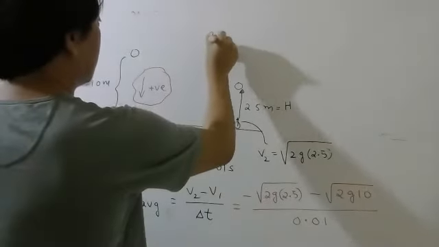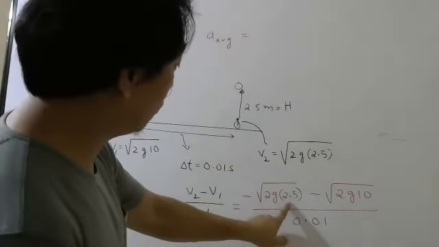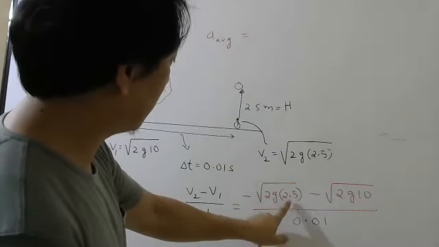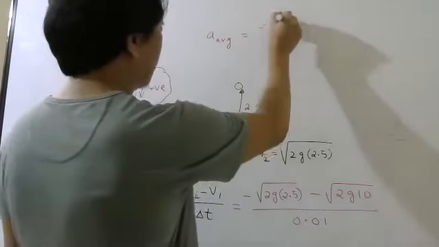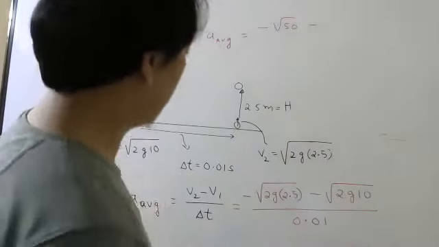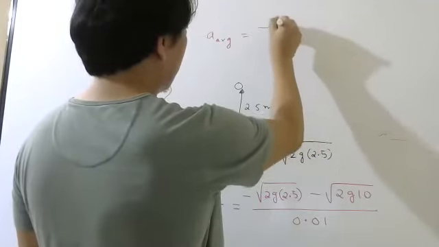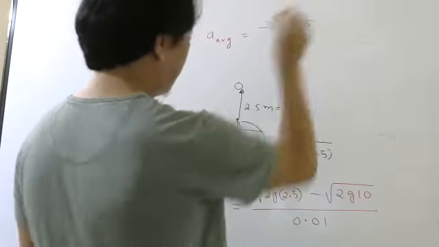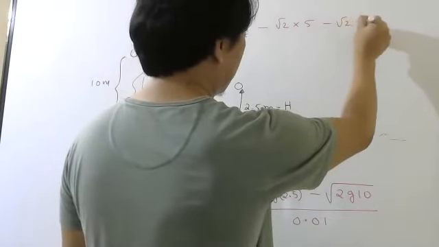So average acceleration will be equal to, this is 20g into 2.5, which is 25 into 2, so root 50 minus root 100. Like this, let me write root 2 into 5 minus root 2 into 10.